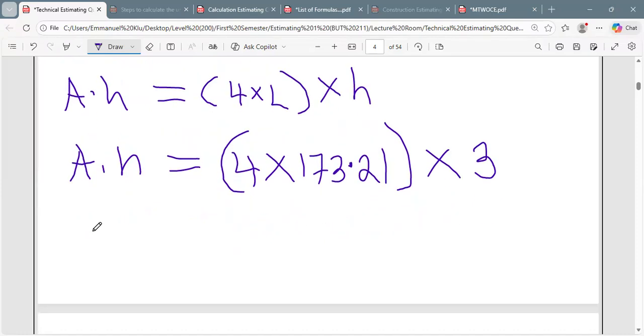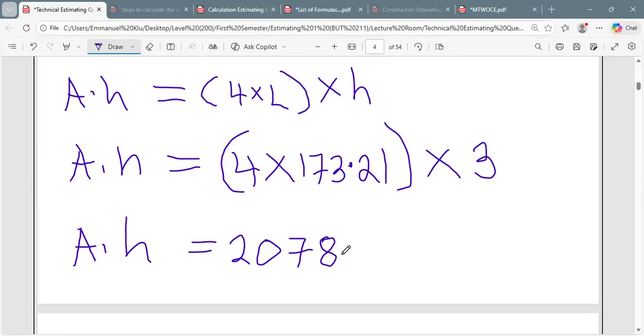So at the end of the day, our area of hoarding is going to be equal to 4 times 173.21 times 3. At the end of the day, we're going to get 2078.52.